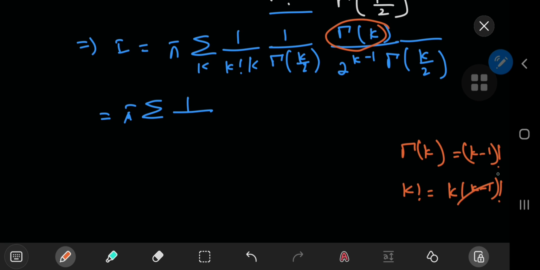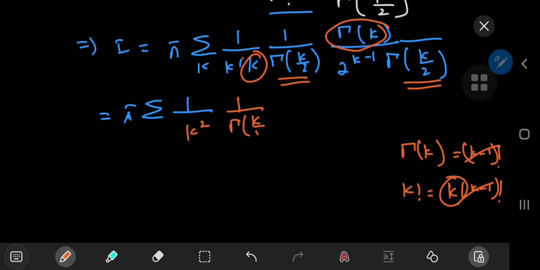So you can cancel out these terms here, and you're left with k instead of the k factorial, and k multiplied by k here will give you k squared, correct? You have a gamma k by 2 here and a gamma k by 2 over here as well. So you have 1 by gamma k by 2 squared. And I almost forgot this term. 1 by 2 to the k minus 1. We have this term as well.